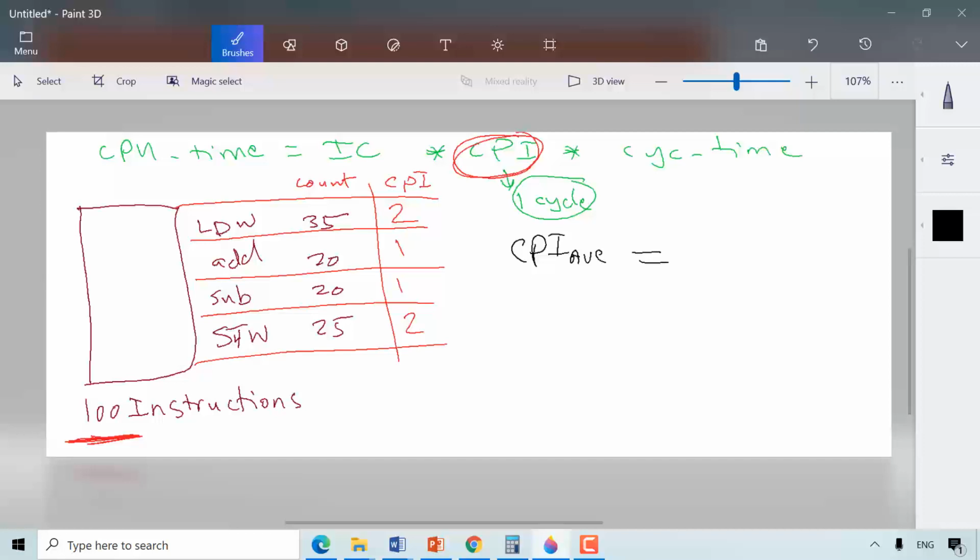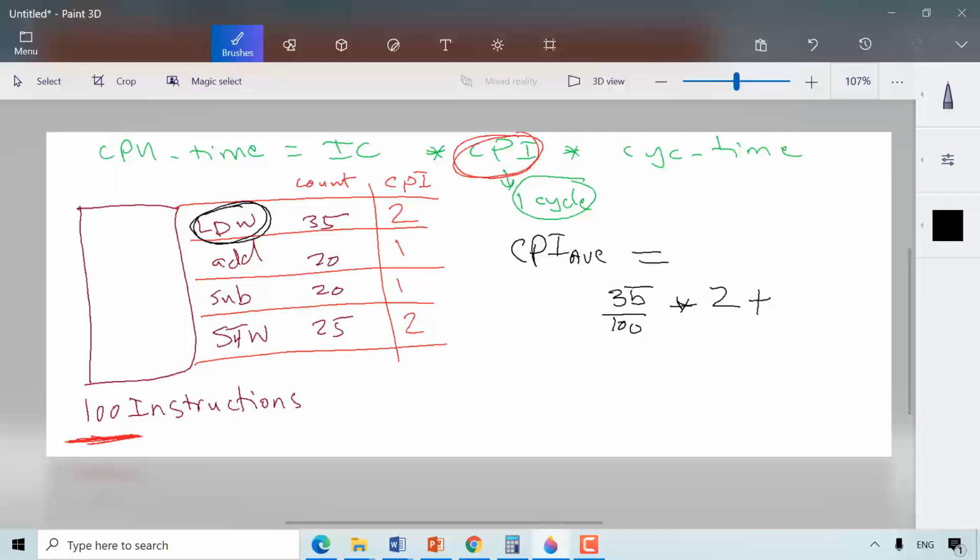Out of the entire program, I have 35 out of the 100 instructions that are loads, and these loads have 2 cycles per instruction.